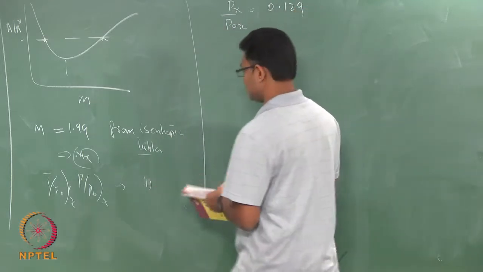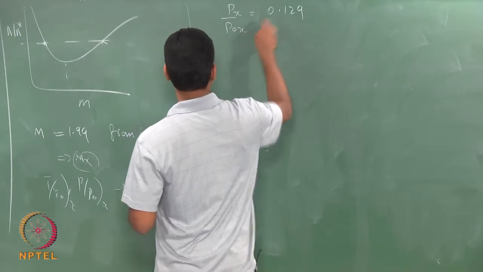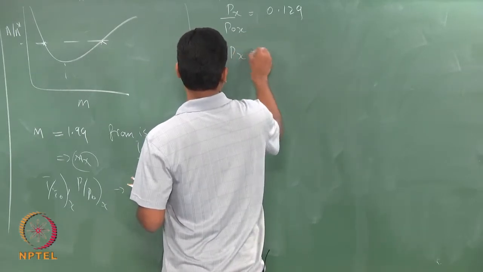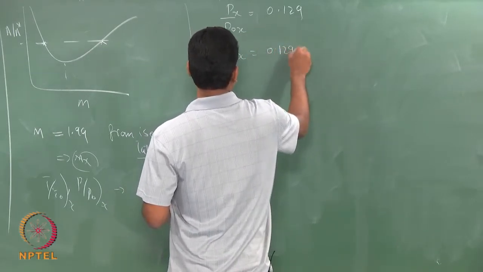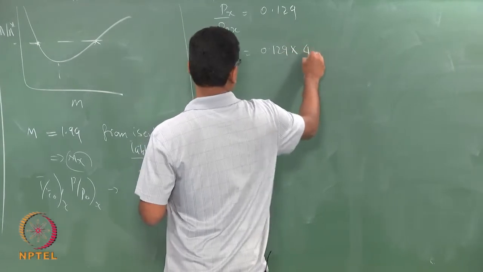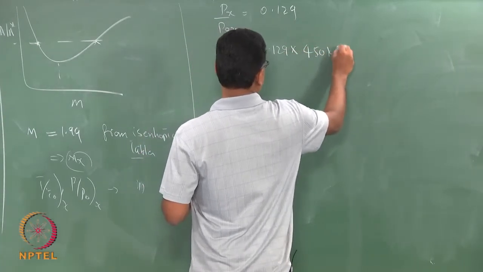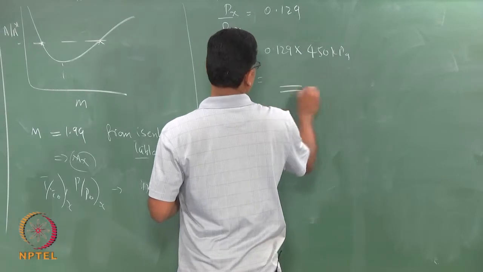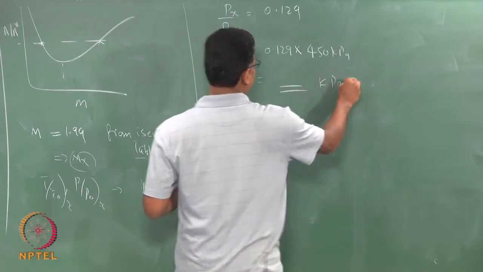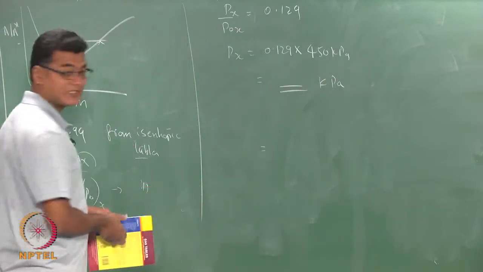Okay. So, my P0x is already given. So, my Px is 0.129 into 450 kilopascal. Okay, that is my Px.